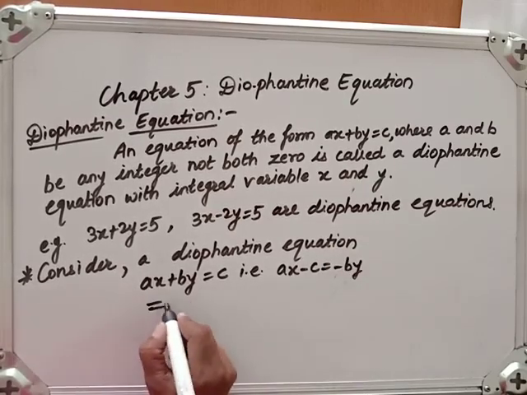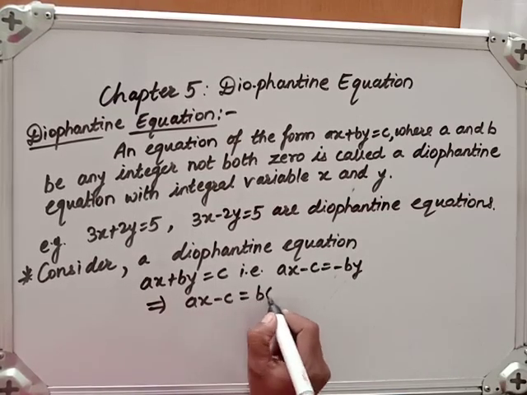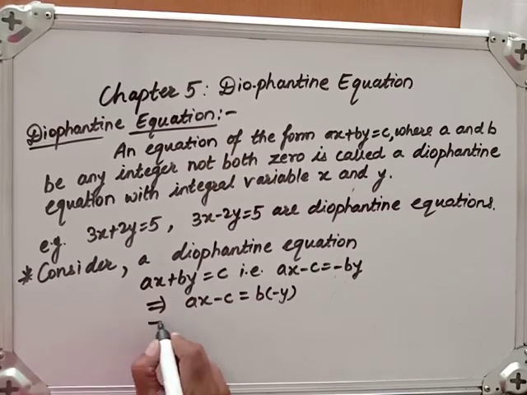That is equivalent to ax minus c equal to b into minus y. So what does this give?